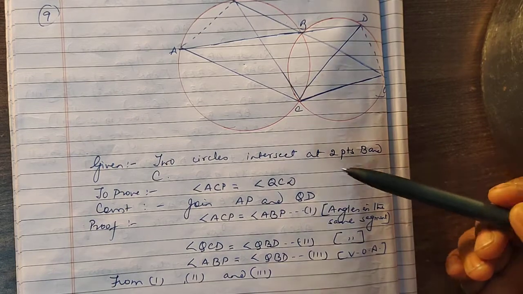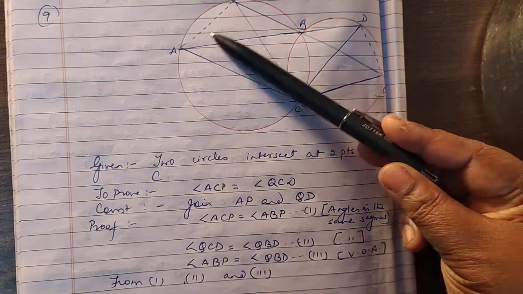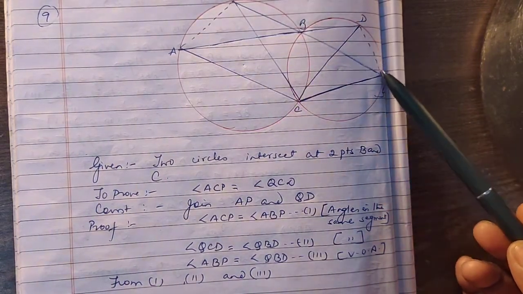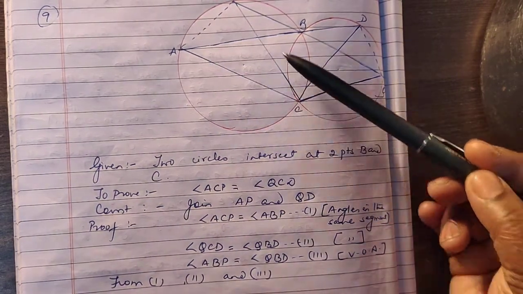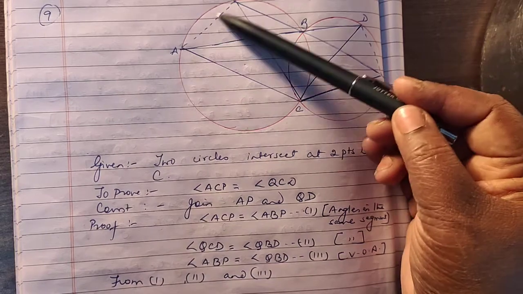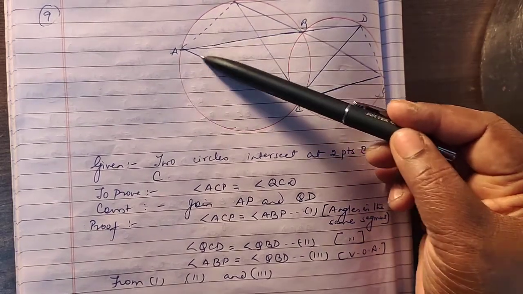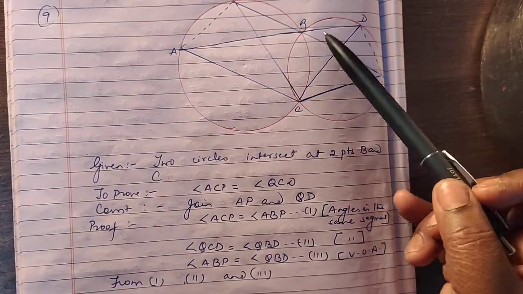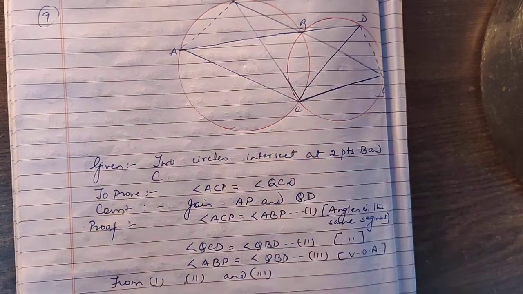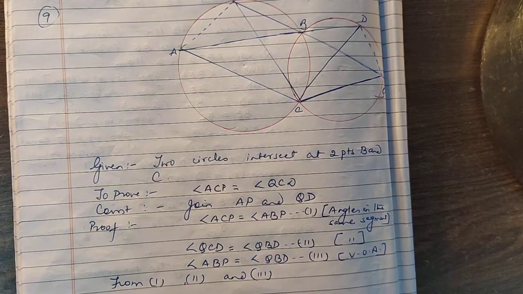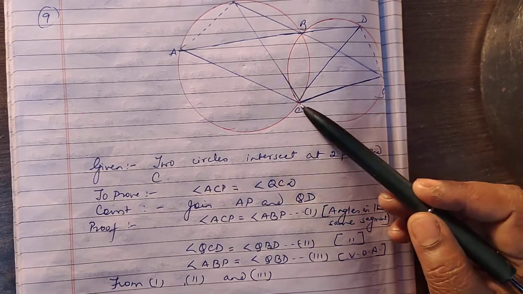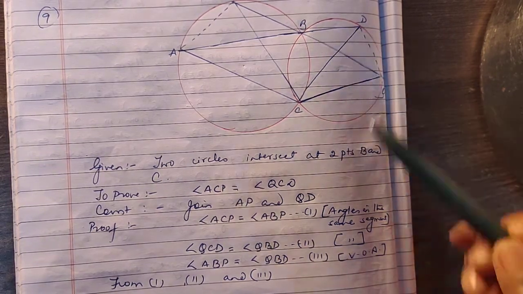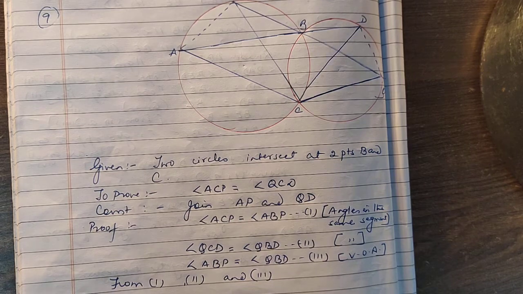Now for proving this, we have done a construction. We have joined AP and QD. Now when you join this, for this chord, angle ACP will be equal to angle ABP, angles in the same segment. Similarly, if you take chord QD, then angle QCD will be equal to angle QBD, again angles in the same segment.